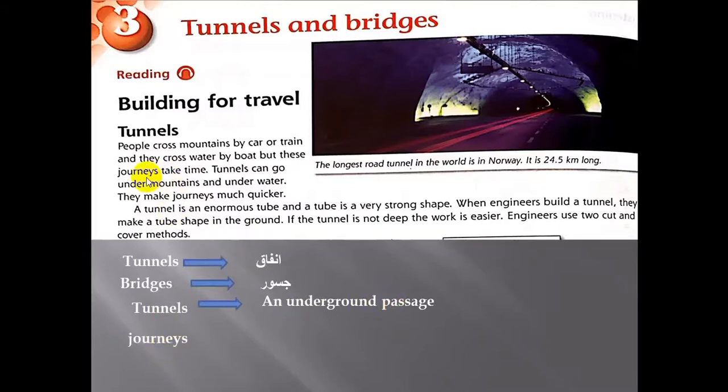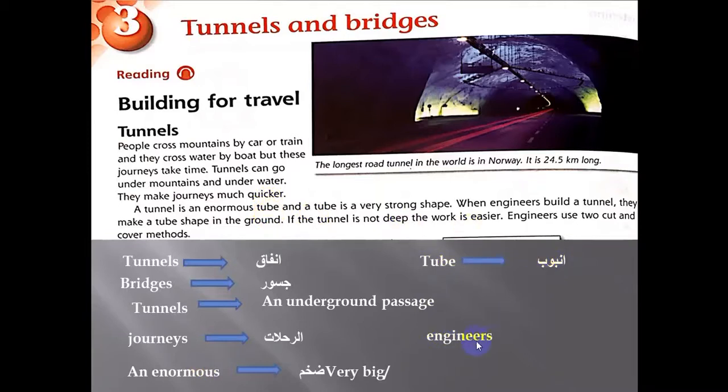Journeys, which mean الرحلات. An enormous. The English meaning of an enormous: very big, ضخم. Yes. Tube, which means أنبوب. Engineers, which mean مهندسين. Okay?